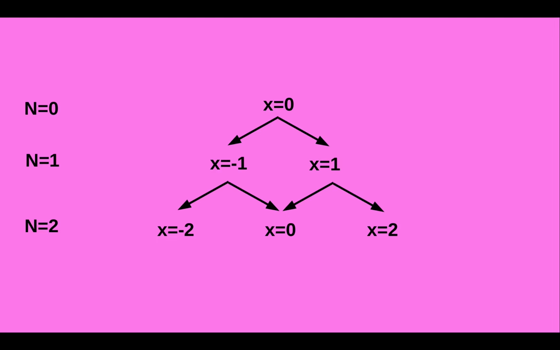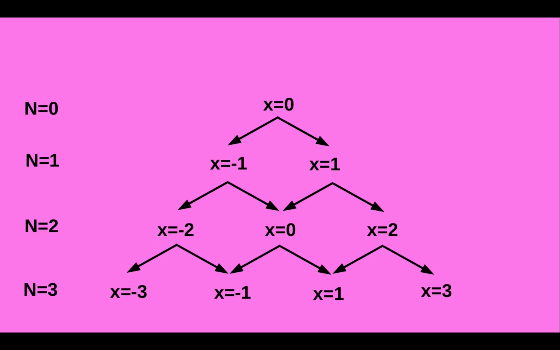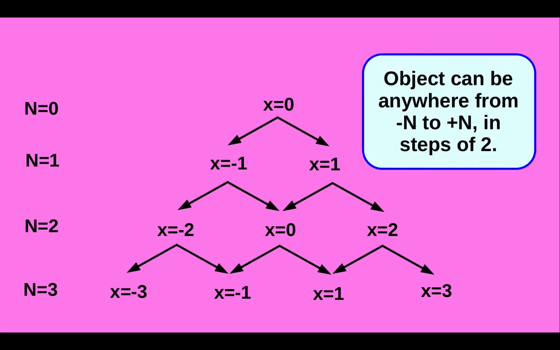After 2 steps, the object can be at x equals -2, 0, or +2. After n equals 3 steps, the position can be -3, -1, +1, or +3, and so on. The object can be at locations ranging from -n to +n in steps of 2.